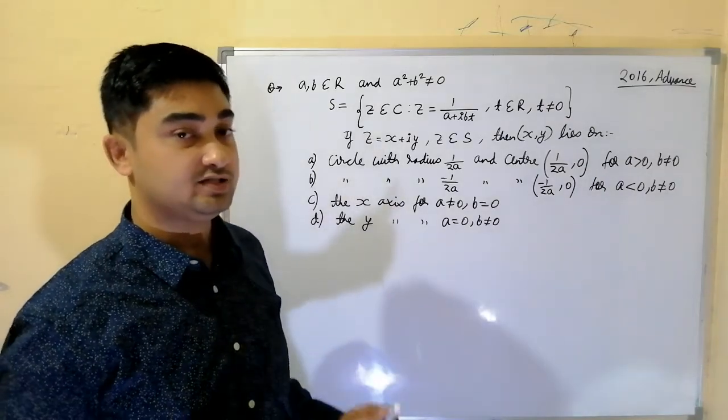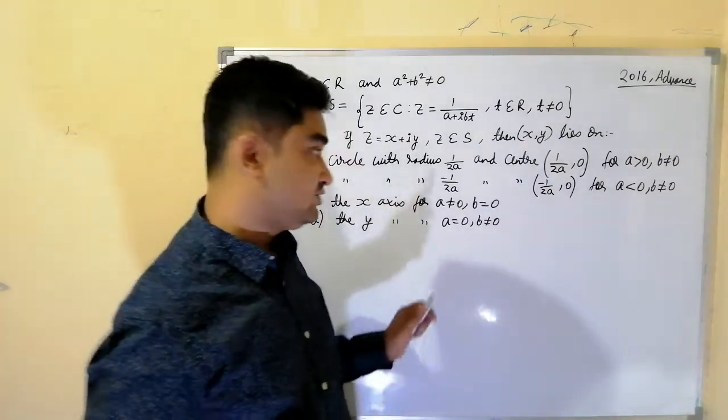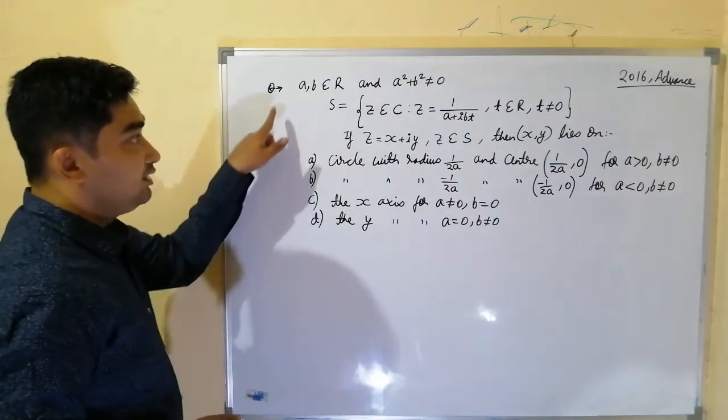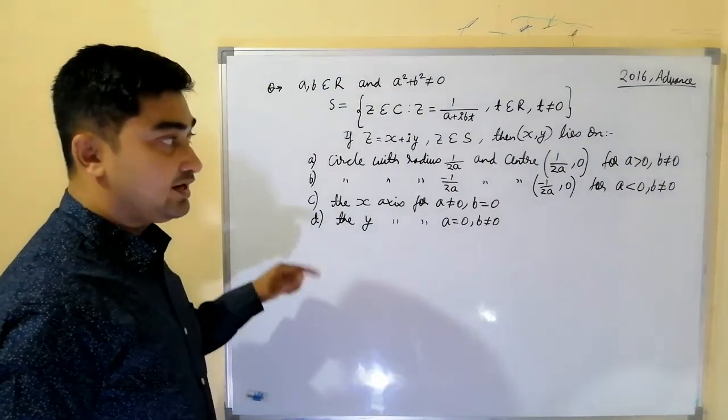That option is always available. We can replace z with x plus iota y and then convert the problem to the Cartesian equation.